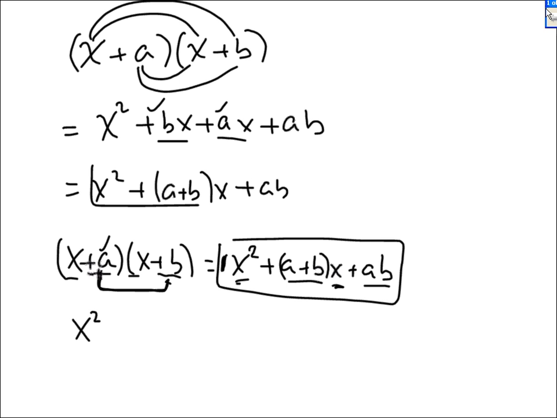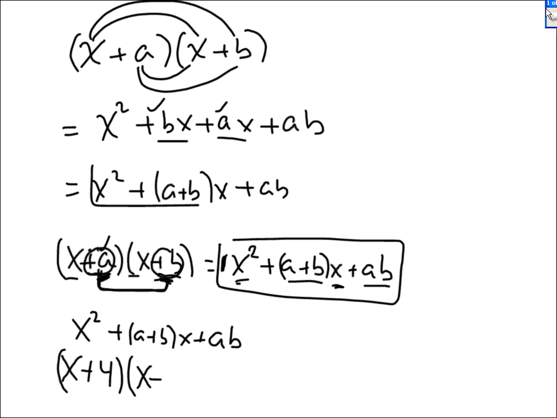How many x's you have? Add those two numbers, a plus b. Those are the number of x's. Multiply the two constants, a and b. That's the constant.